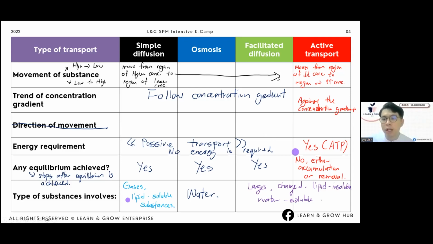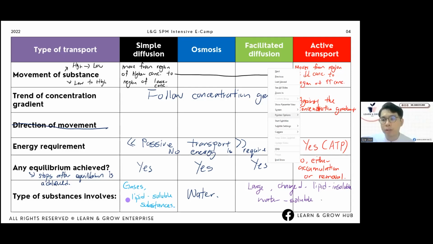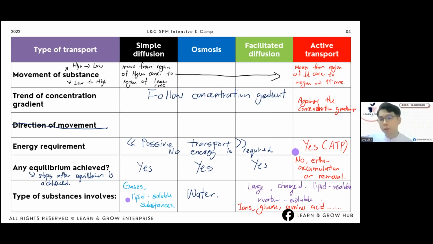But if you ask sir, sir cannot understand what you write. So I give a few examples here: any ions, glucose, amino acid, and other nutrients. Most of the nutrients are these.